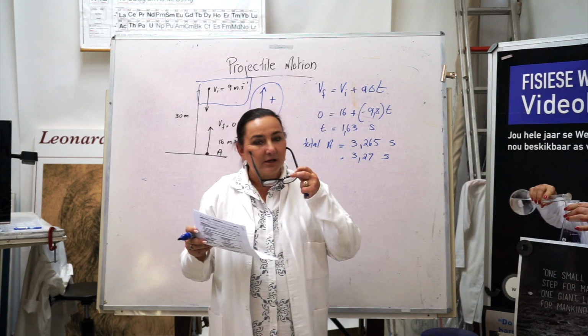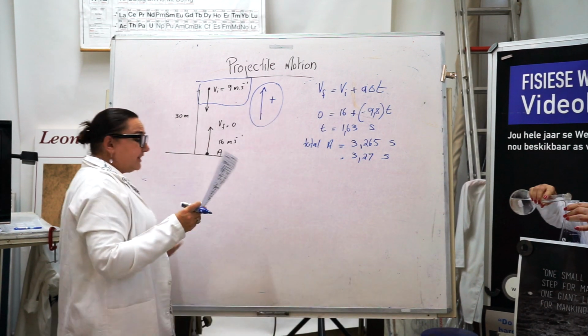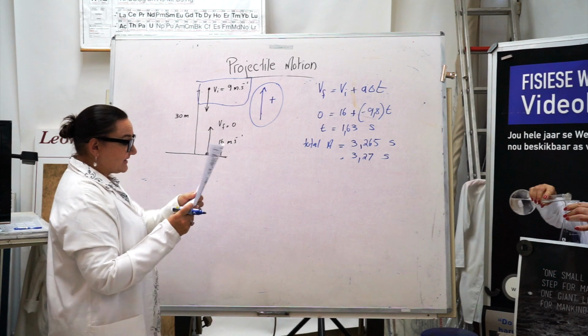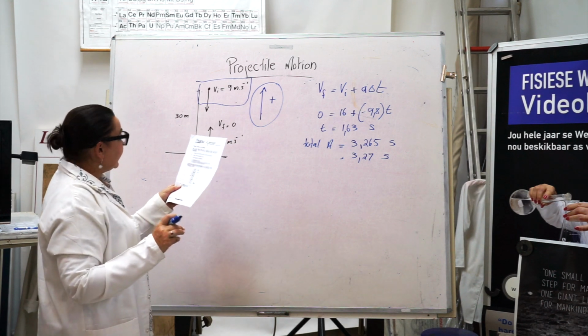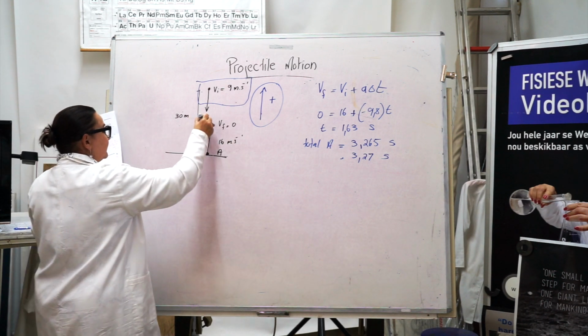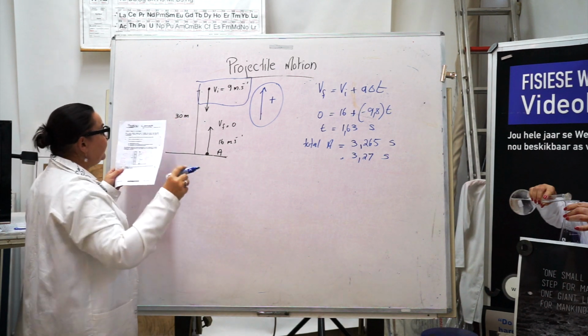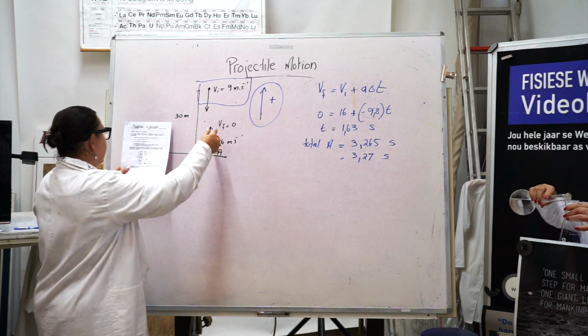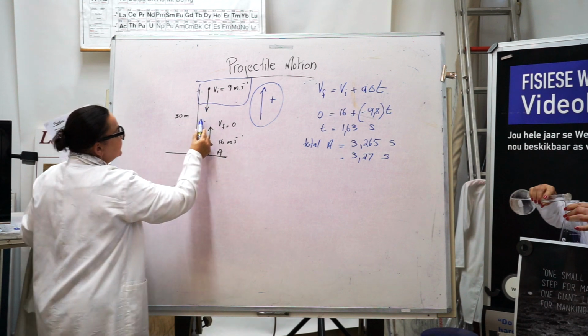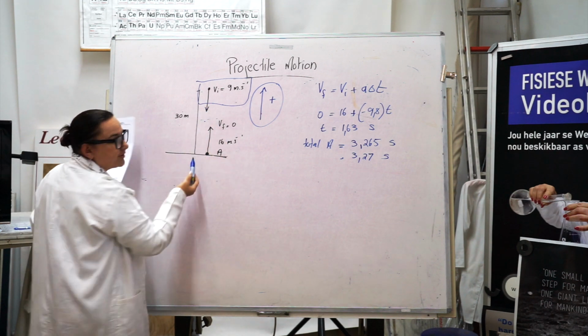Now, let's see what they ask. Now they're going to throw the question at us saying, calculate the height at which both ball A and ball B are at the same point, where they actually pass each other.